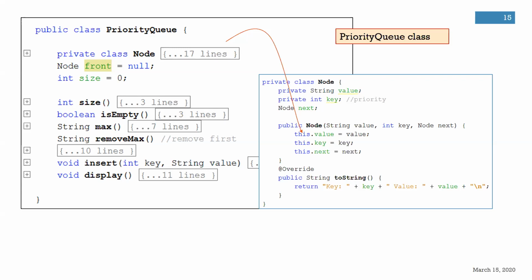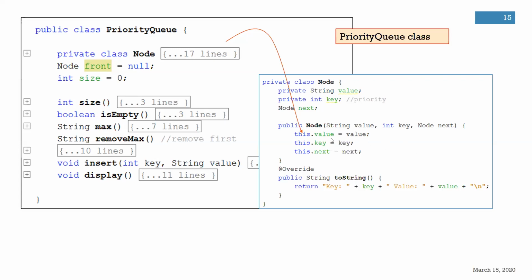We can traverse from the front, right? For DQ, we will DQ from the front. So we have no need for a rear. Very good. So just front equal null, size equal 0, and then we'll use just remove or DQ, insert and display.